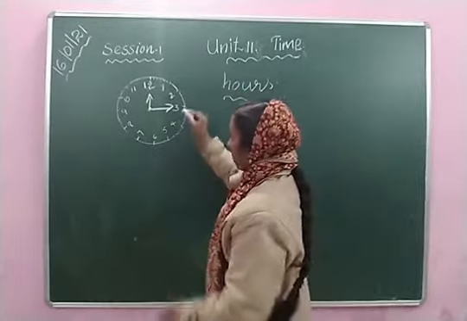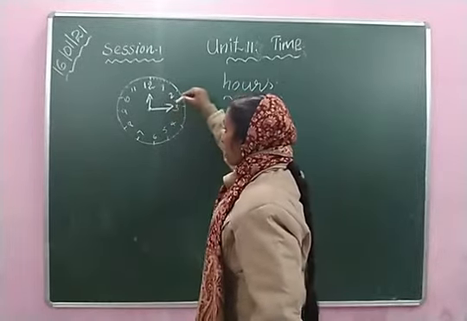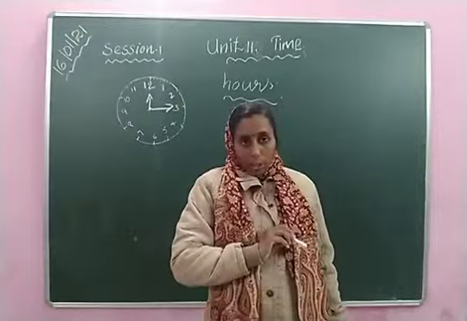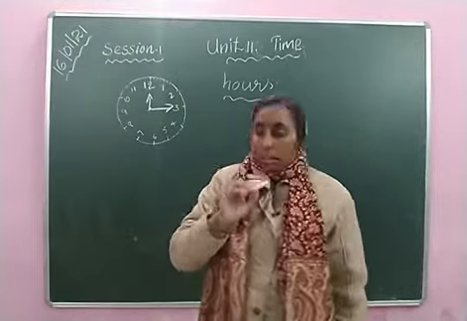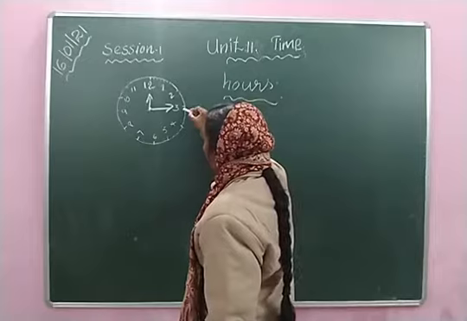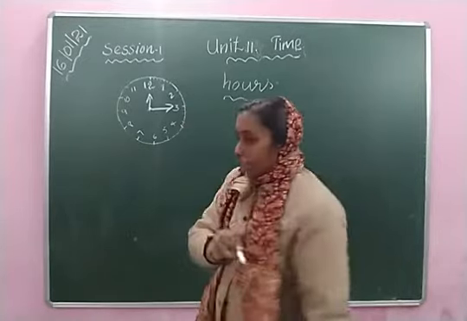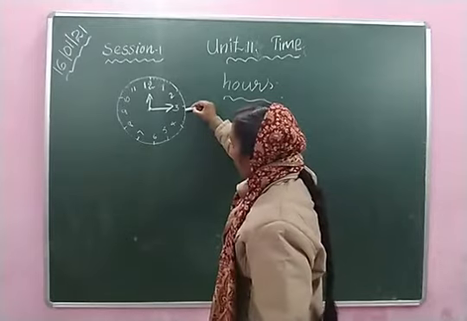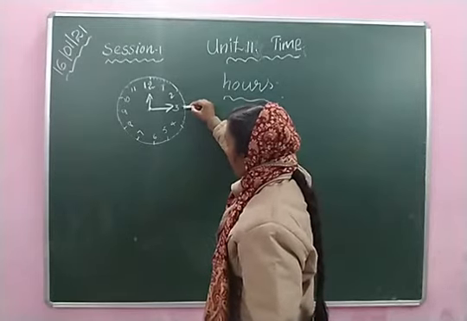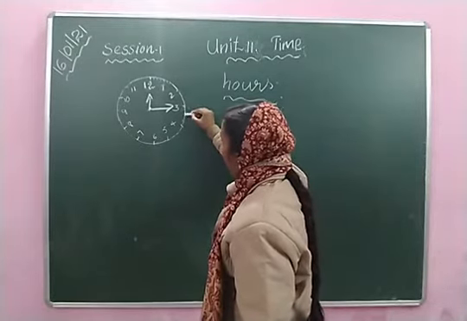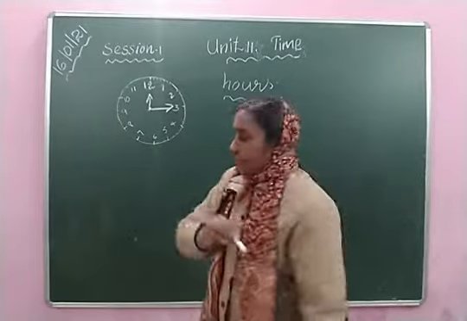Suppose this minute hand is at 3. When it moves from 3 to 4, it takes 5 minutes. That means from this line to this line it takes 1 minute, then 2 minutes, 3 minutes, 4 minutes, 5 minutes.